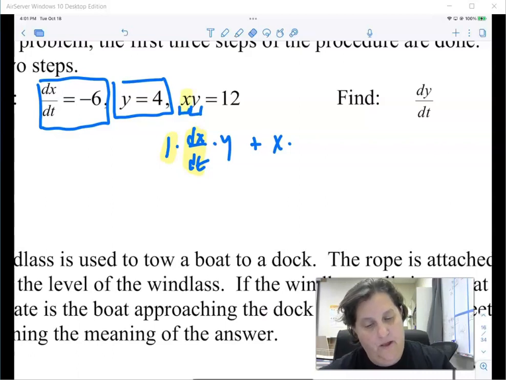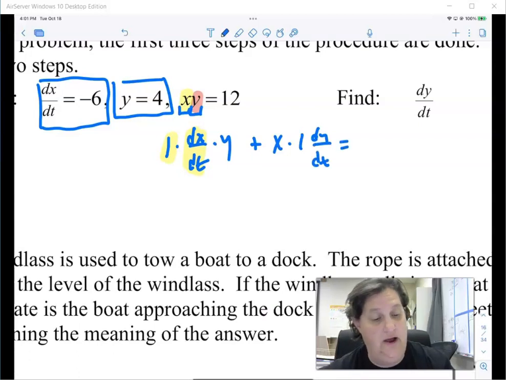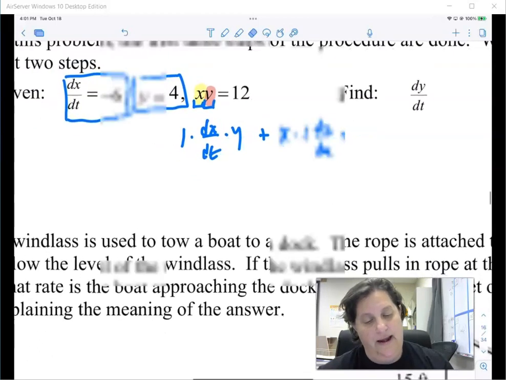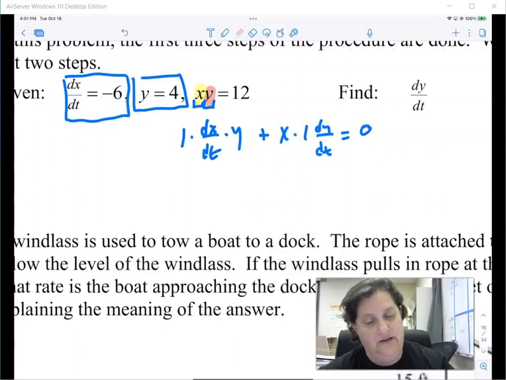The derivative of y is 1 dy/dt. And that equals, I almost wrote 12, big mistake, that equals 0, because the derivative of a constant is 0. Okay? So if you guys see that product rule and you get the dx/dt, dy/dt. And now I'm trying to find dy/dt. So cool, let's just sub everything in. We don't need our 1s anymore. dx/dt is -6. y is 4.